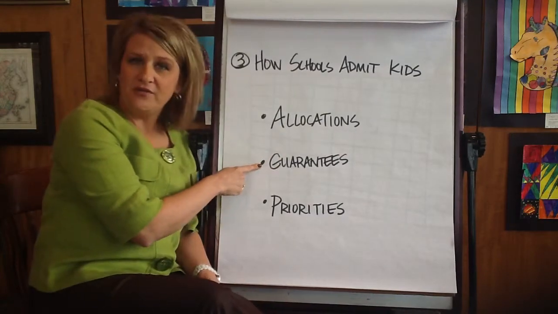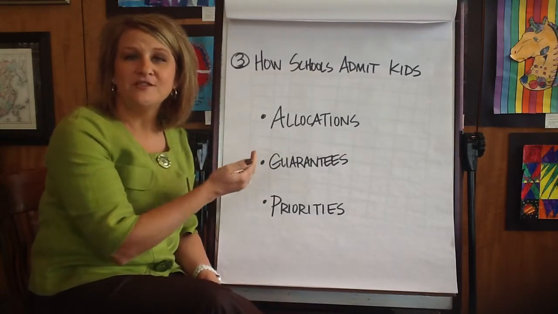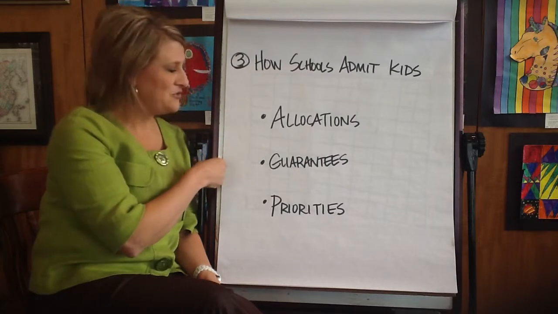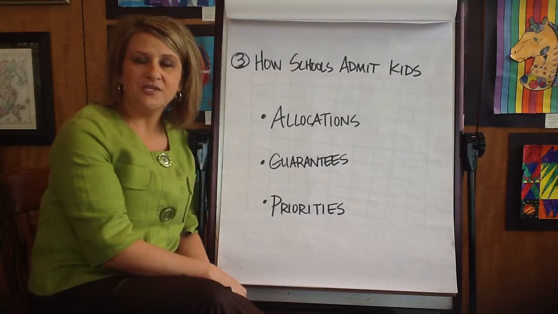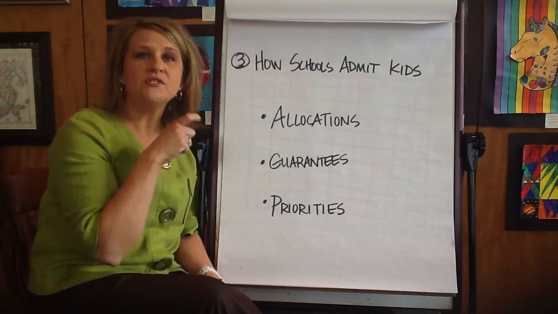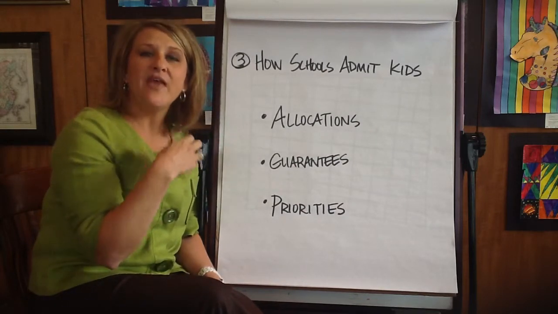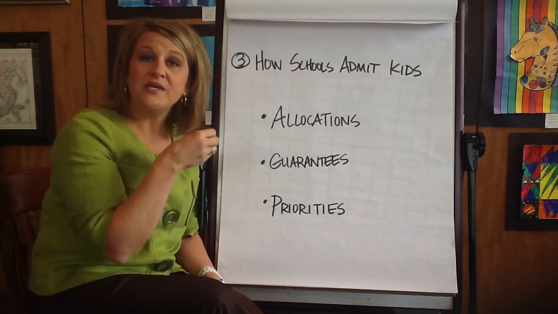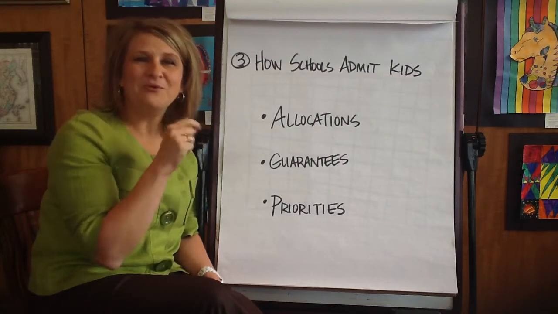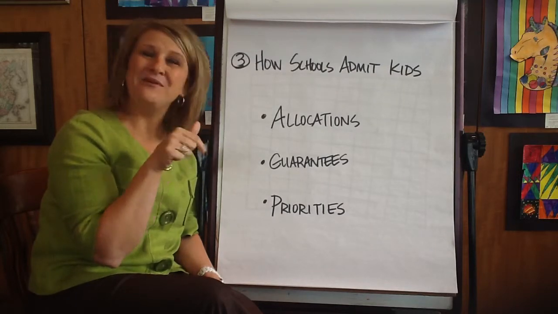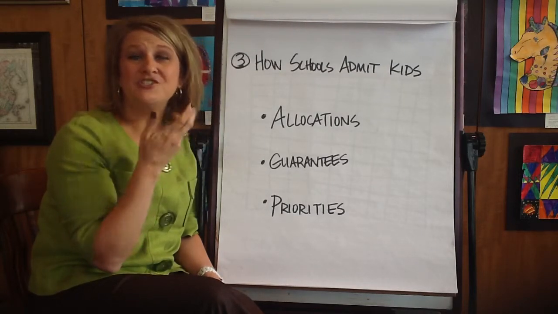The second component that goes into which kids are going to be assigned to a particular school are guarantees. And a guarantee is essentially the school stating openly that they will guarantee enrollment to a certain type of student. Now, almost every single guarantee within Denver Public Schools is based on geography.